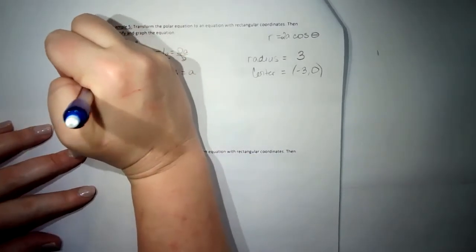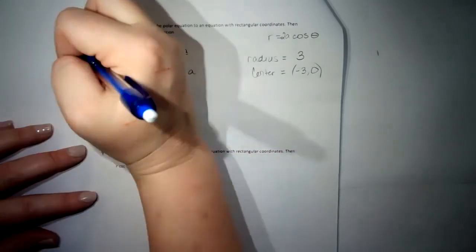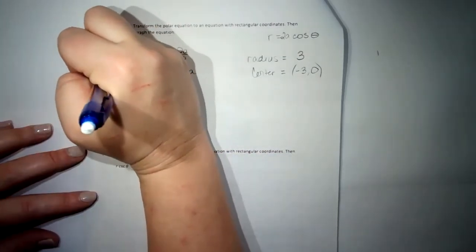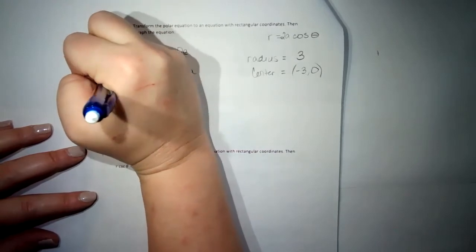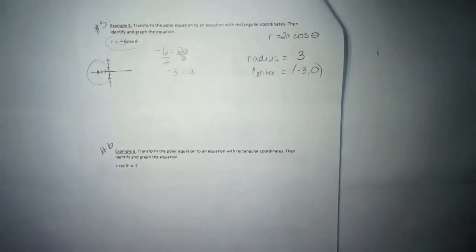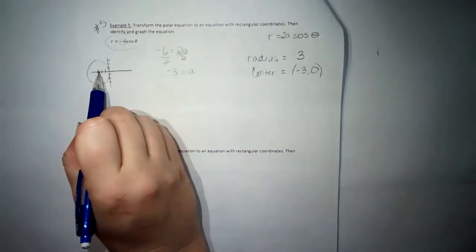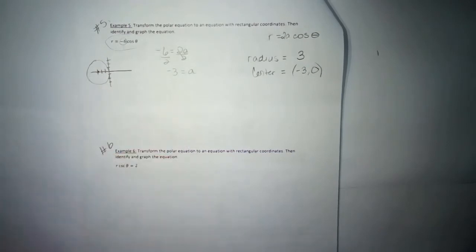But what we expect to find is the center of a circle over here at -3, 0. And then we expect to have a radius of this circle of 3, which is going to put us like this, right? It's 3 out in every direction. 3, 3, 3, 3. And we have a nice little circle, okay?